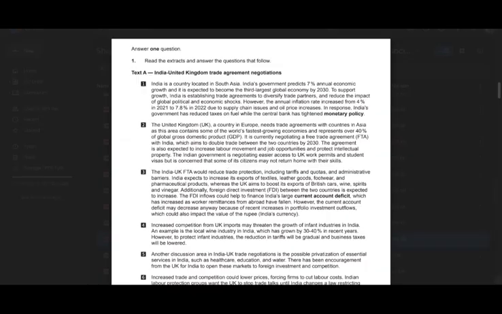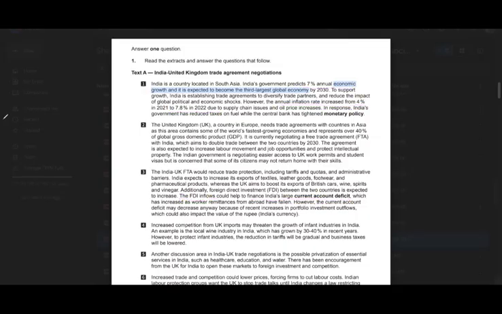So 7% annual economic growth seems relevant. Then annual inflation rate of 4% to 7.8% in 2022 seems relevant. Then the FDI inflows could help finance their large current account deficit, right? These are all facts that the case study provides that you can use for your arguments.